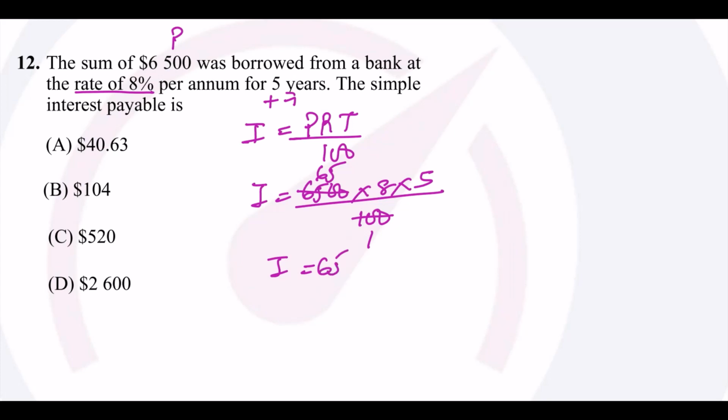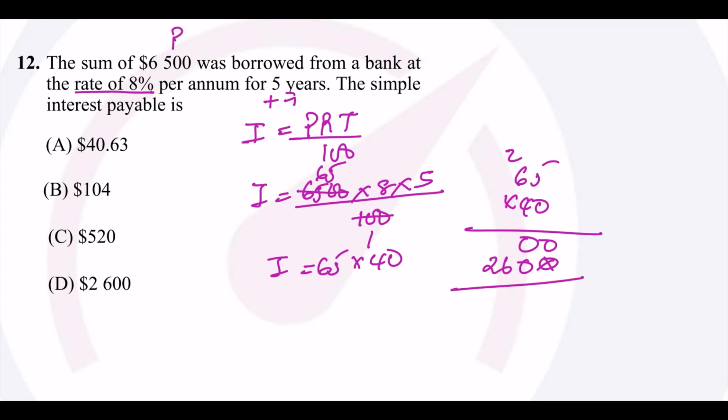So we can multiply 65 by 40 to make it more manageable. 65 times 40. 0 times everything is 0. Then 5 4s, 20, carry a 2. 4 6s, 24, and 24 plus 2 we get 26. So we get 2,600 as our interest.